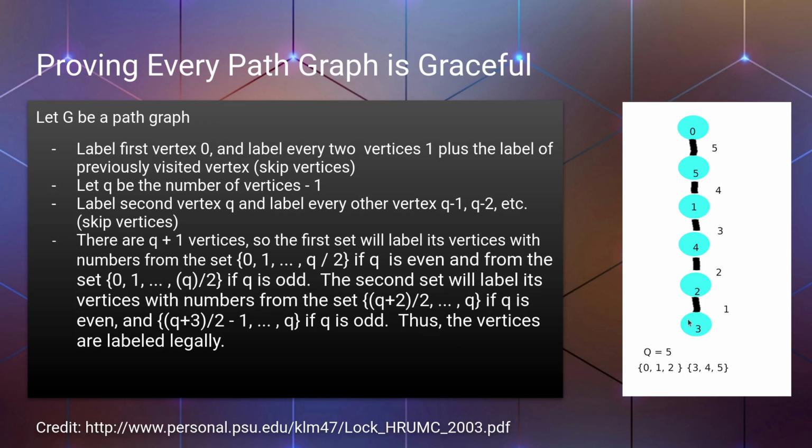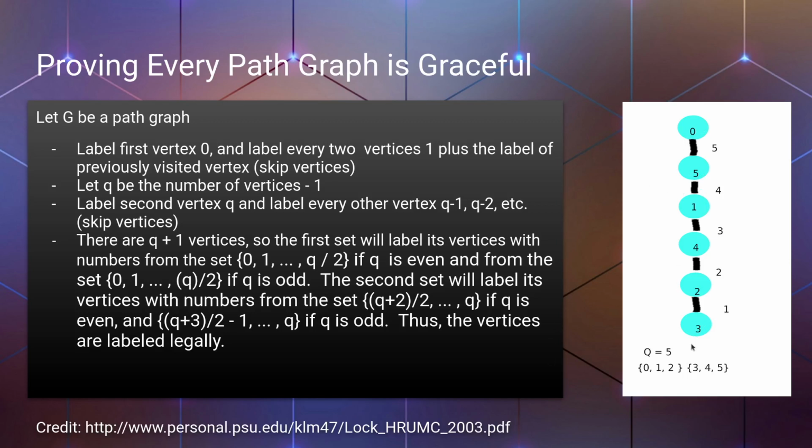Starting out, since q is odd, it's going to be (q plus 3) divided by 2 minus 1. So it's going to be 5 plus 3, which is 8, divided by 2, which is 4, minus 1, which is 3. And that goes all the way up to q, which is 5.